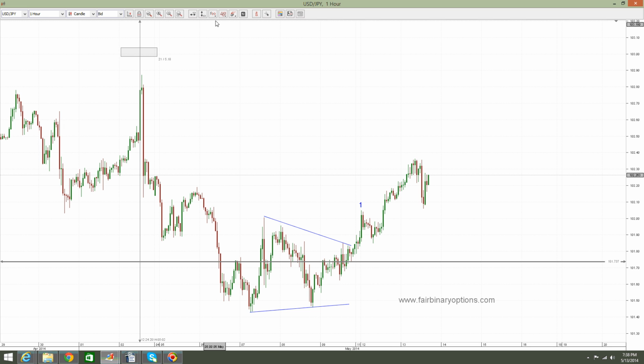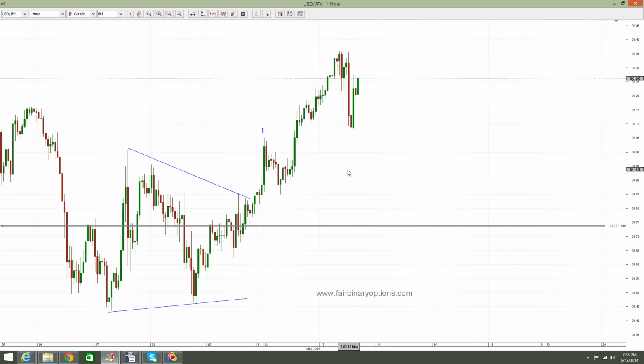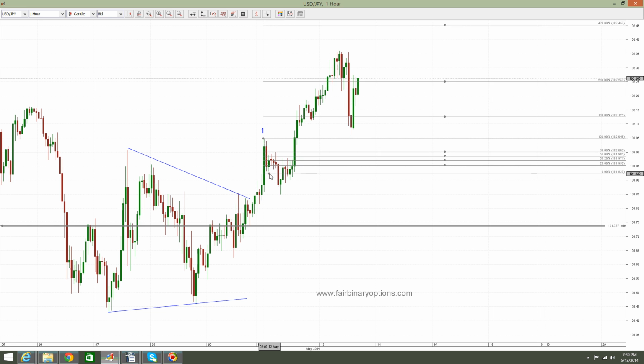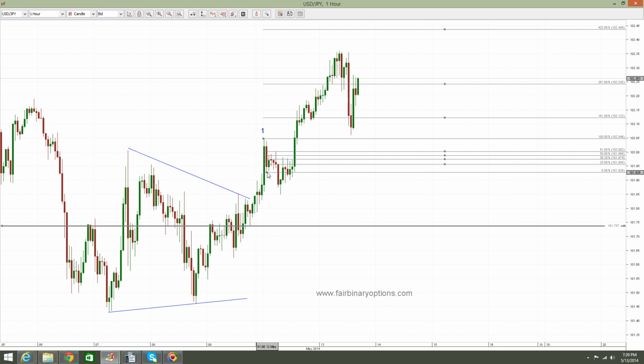So the first flat, let's take a look at the retracement for the B wave there. Now if we have the first wave that is done here, and we take the Fibonacci retracement from here to here, we are seeing the 61.8 being reached, so yes, definitely this is a flat.